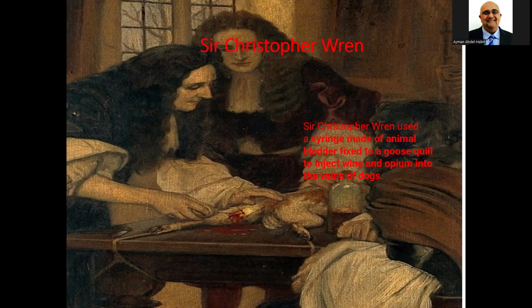He was able to experiment on animals, and he used something similar to a cannula that we have right now, a goose quill, and he injected different agents inside.